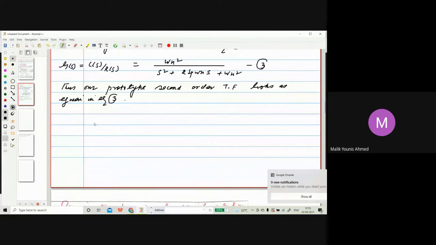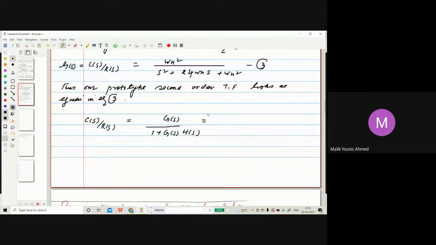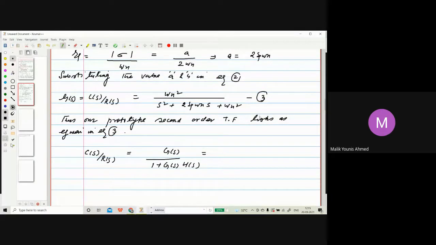We want to write C of S by R of S in the form G of S divided by 1 plus G of S H of S. So we take the denominator common; omega n square is the numerator, and we are not going to do anything with the numerator.